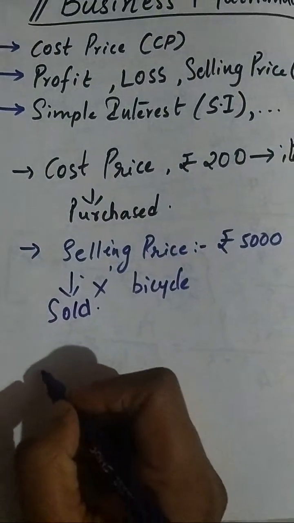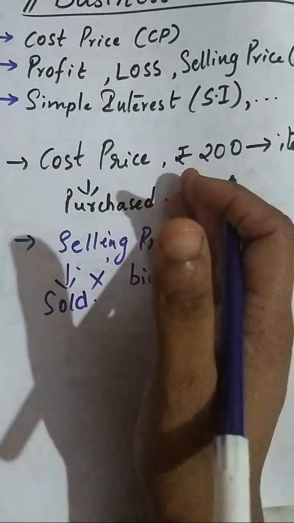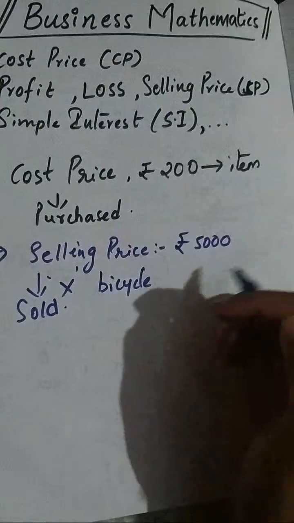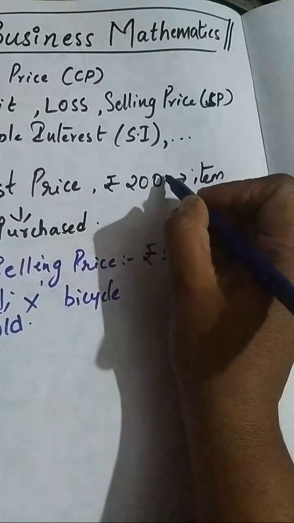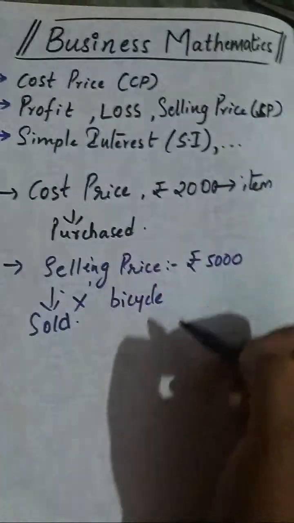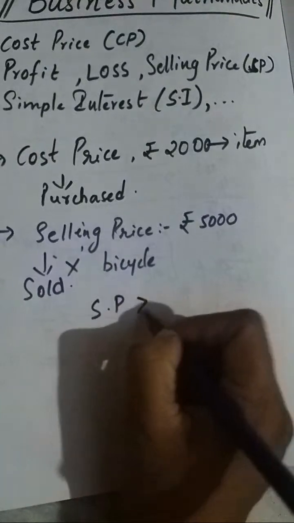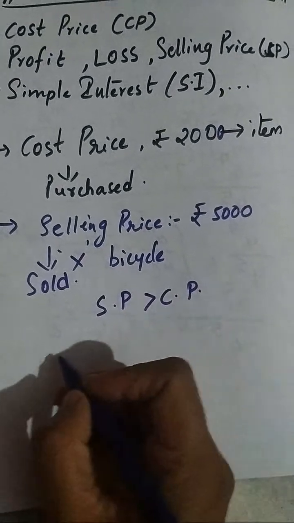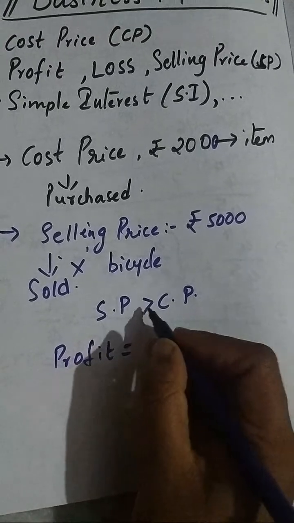Now in these two examples we have the cost price and selling price. The selling price is 5000, and let us take the cost price as 2000. Now the selling price is greater than the cost price, so we have obtained some profit here.